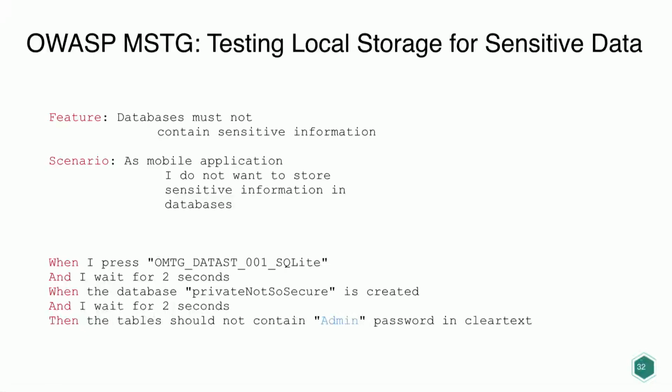So in this case, we're going to go through the UI, press the button related to database, and then, as we can see from the last step, we're going to check that the tables that are created and the information stored in the table do not contain sensitive information. In this case, it's the admin password in clear text.